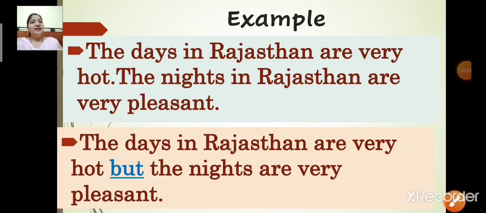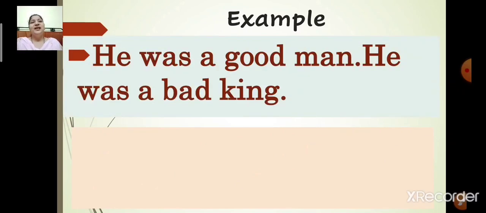Now children, let us move on to the other example. He was a good man. Full stop. He was a bad king. Now children, over here, I am talking about himself, that he was a good man.